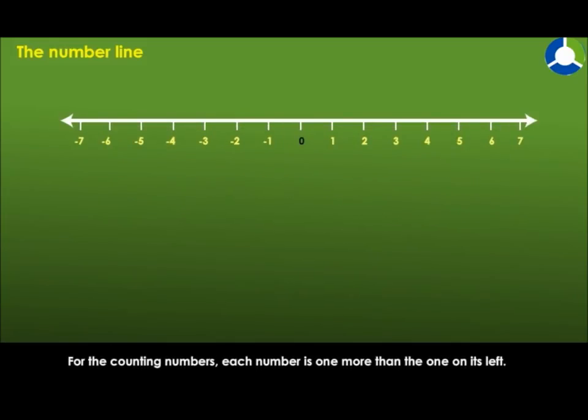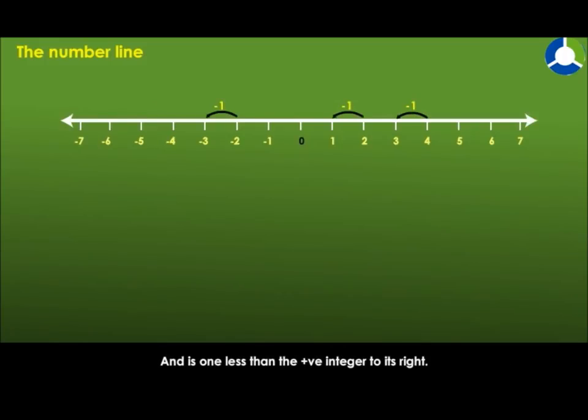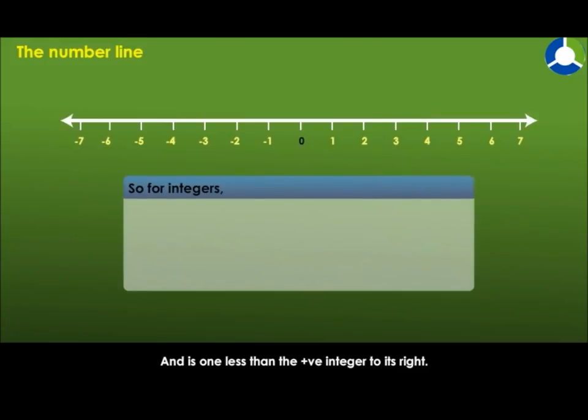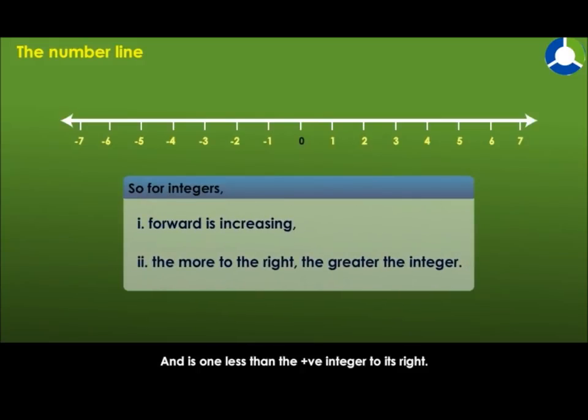For the counting numbers, each number is one more than the one on its left and is one less than the positive integer to its right. So, for integers, forward is increasing. The more to the right, the greater the integer.